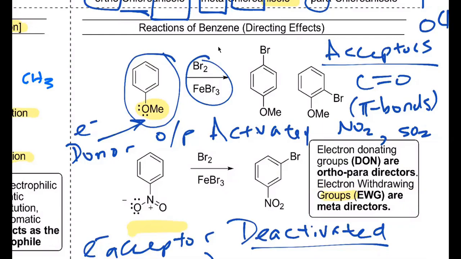If you're doing nucleophilic aromatic substitution, where the ring is the electrophile, then it's the opposite. But for this electrophilic aromatic substitution, we say that the ring is activated if you put a donor on the ring, and then we say it's deactivated if you put an acceptor on the ring. All right. Any questions about donors, acceptors, anything like that?